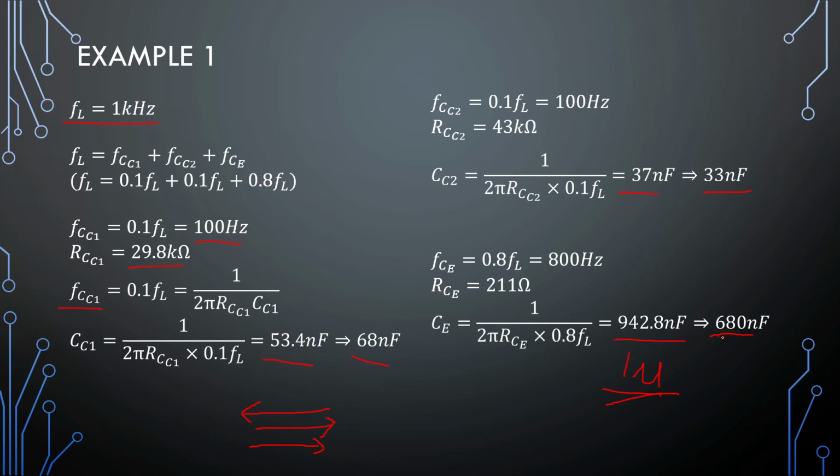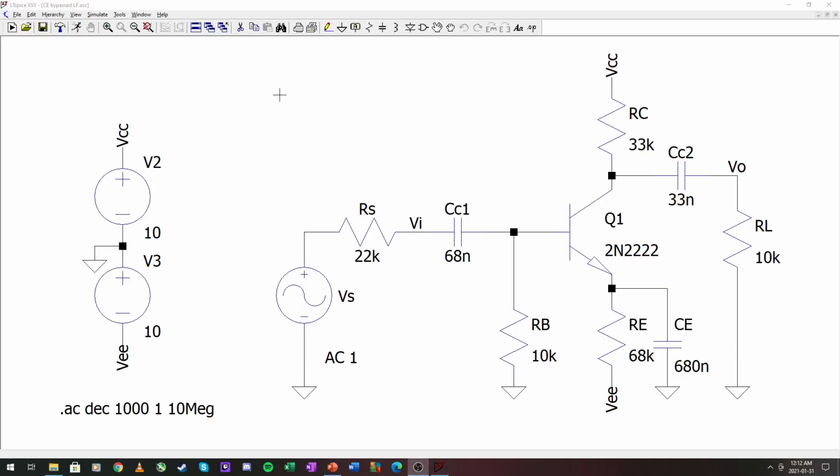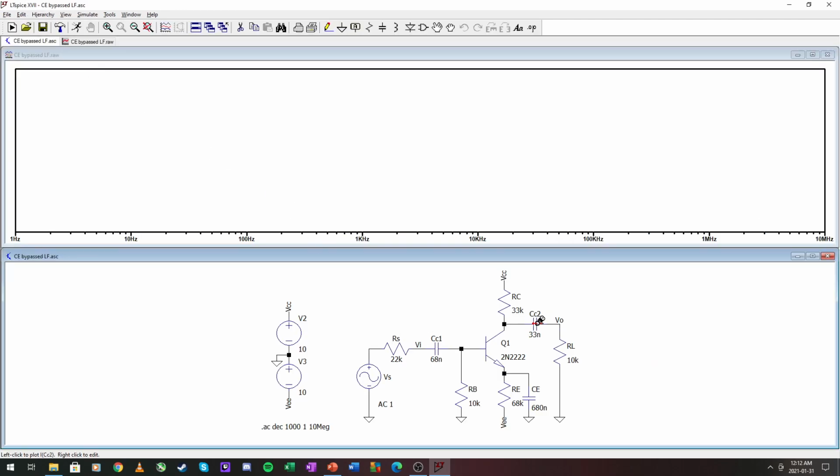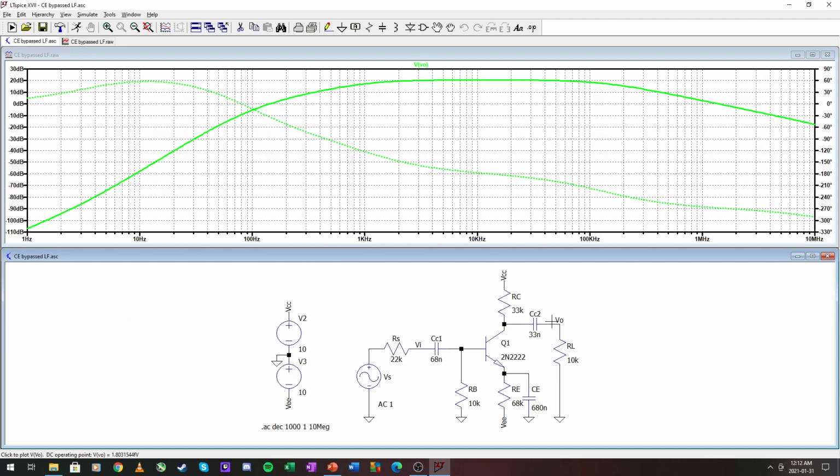Right, so let's have a look at the simulation with these values in it and check out the frequency response. Here is our simulation, and let's run it and check our output here.